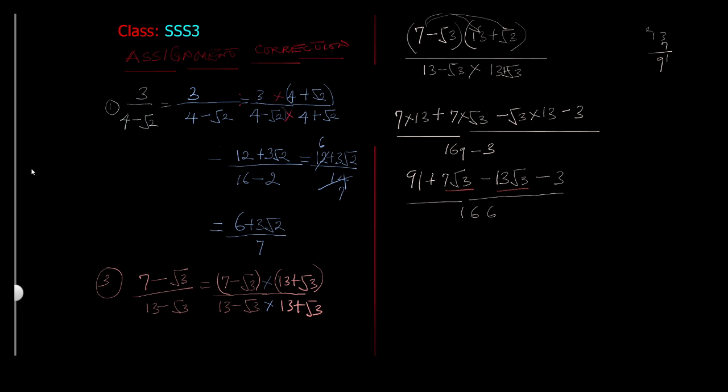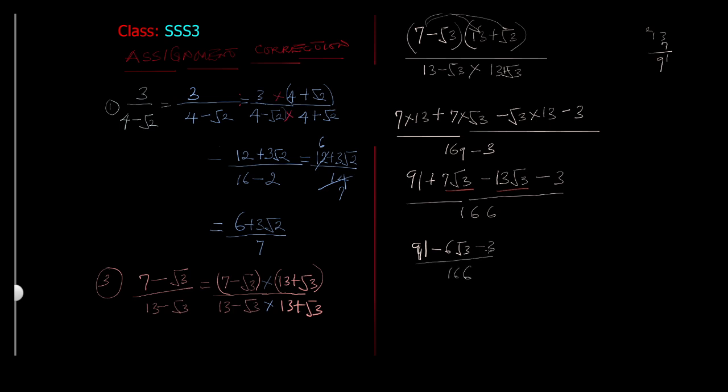We'll bring down 91, and then we now say plus 7 square root 3 minus 13 square root 3. So we subtract the outside first, and that will be 7 minus 13. That will be minus 6. That will be minus 6 root 3 minus 3 all over 166.